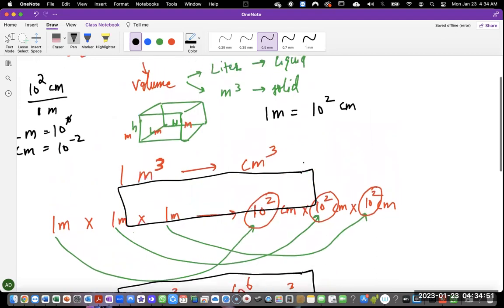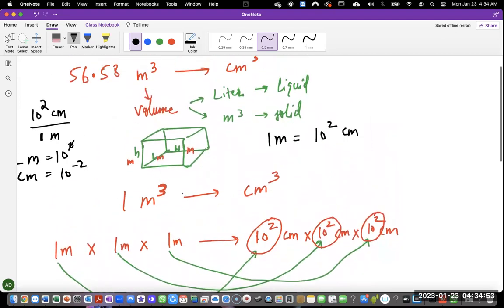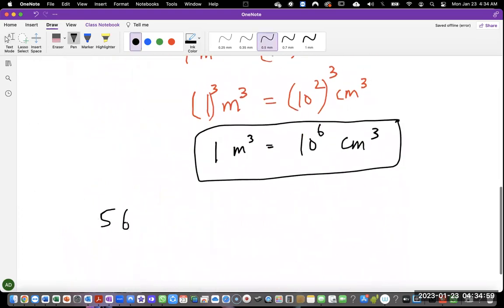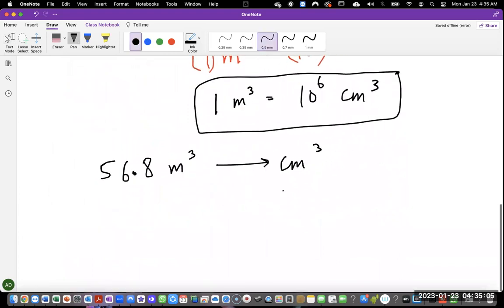Okay, so now let's go back to the problem that we were working with. So we had 56.8 meter cube, and we wanted to change it into centimeters cube. So for right now we understand that this is the conversion factor we're going to be using if we have meter cube and centimeter cube.